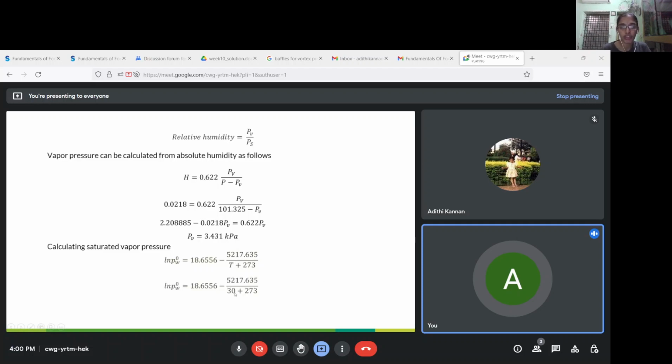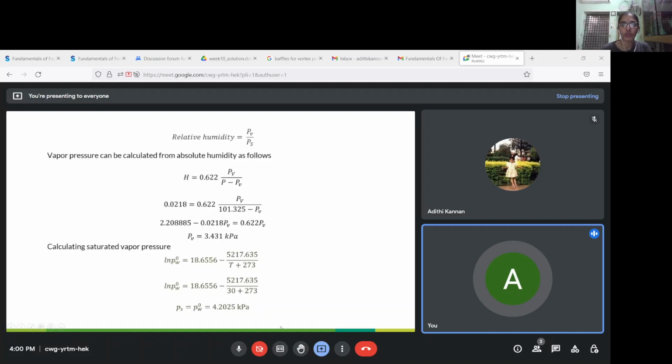If you substitute the value of T, which is 30 degrees Celsius, calculate the value and take the exponent, you get your PS, equal to P naught W, as 4.2025 kilopascals. And it is already mentioned in the question that the saturation pressure you get here is in kilopascals.